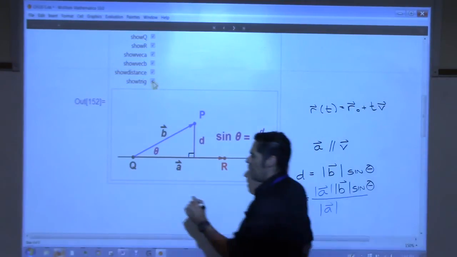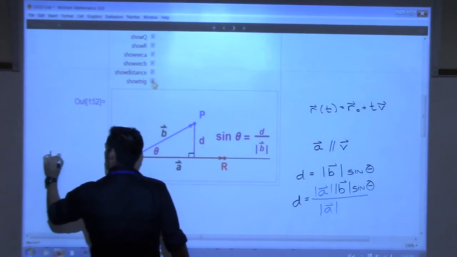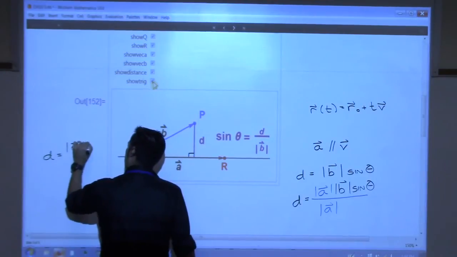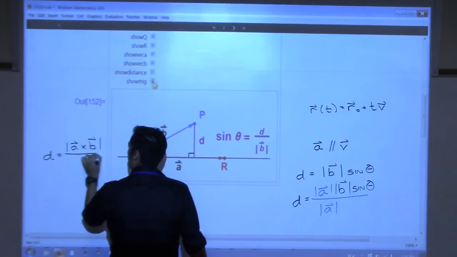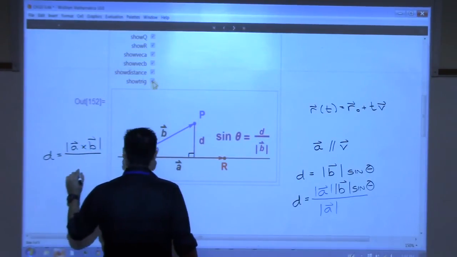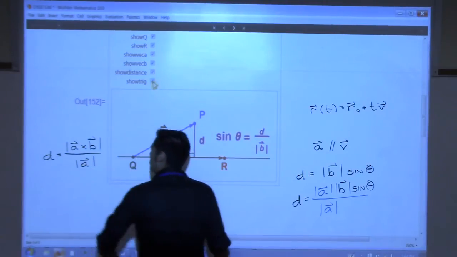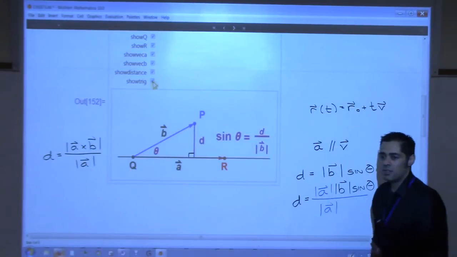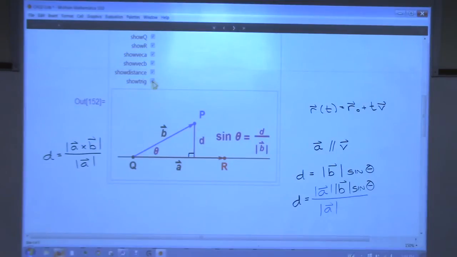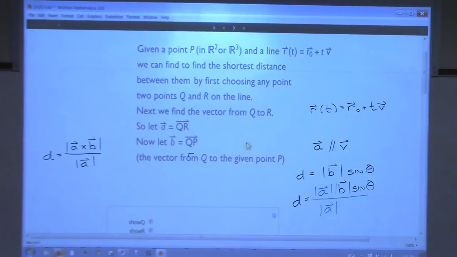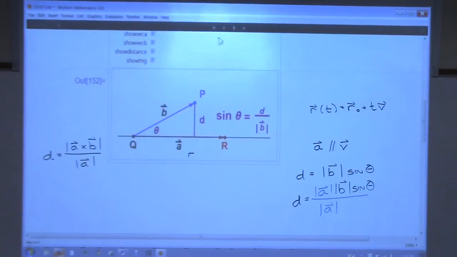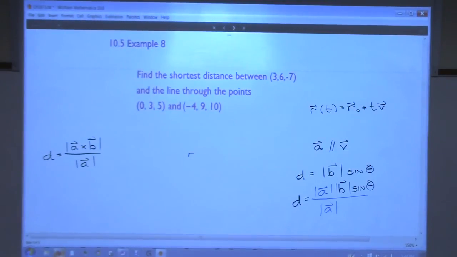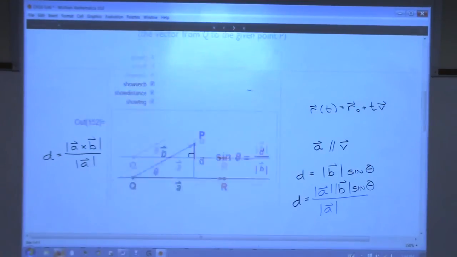So D then is magnitude of A cross B over magnitude of A. That is the distance. Shortest distance between a point and a line. That's what the notes say up here. Oh, no, they don't. Next page, maybe? No? Hello? Where is it?